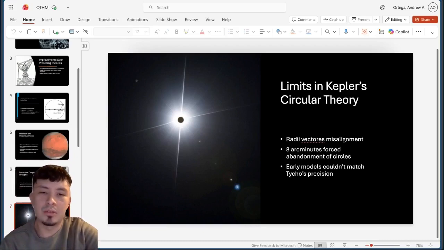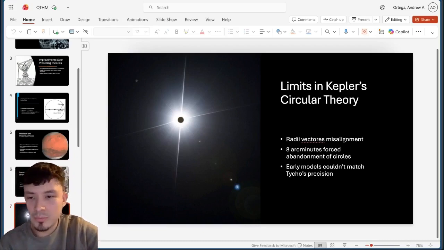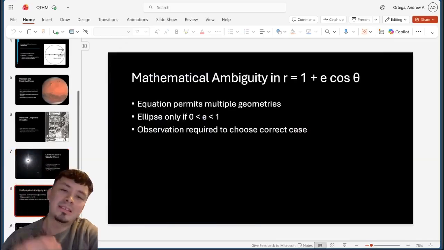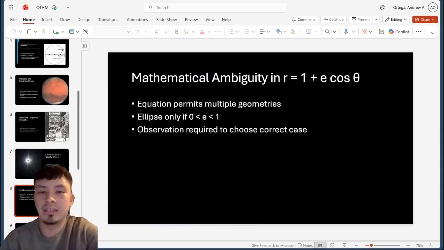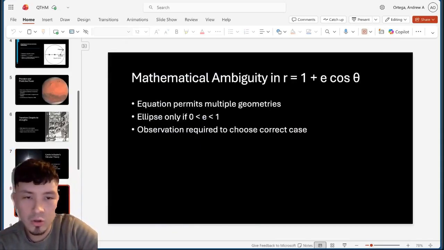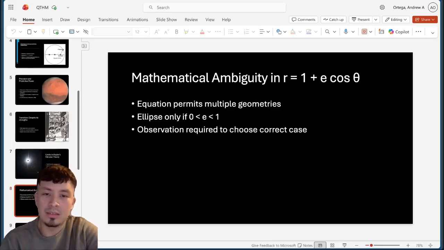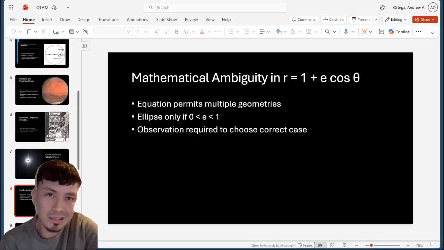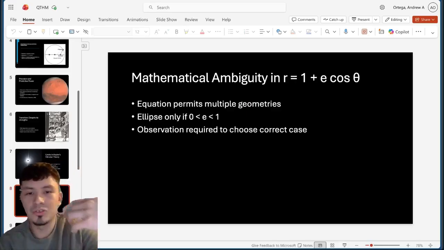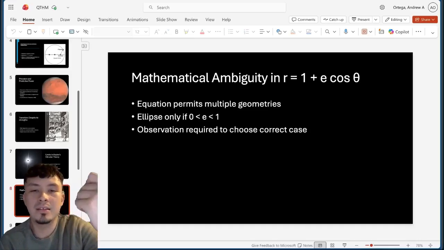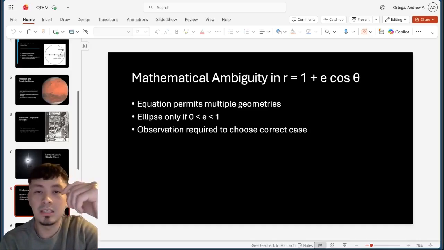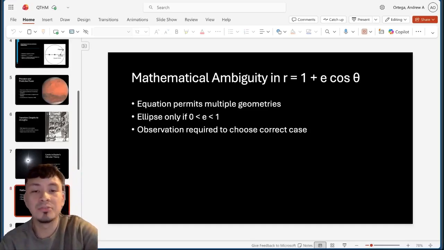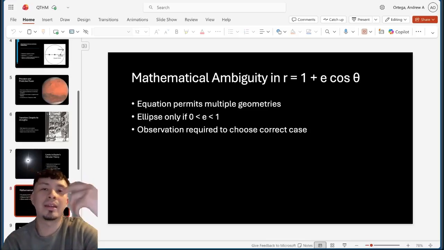And for example, in slide number 8, as I will demonstrate here, the mathematical ambiguity, for example, in r equals 1 plus e cosine theta, the equation permits multiple geometries, right? That's a good thing for mathematics and astronomy. And it's an ellipse only if zero is less than e and e is less than 1; the observation is required to choose the correct case.